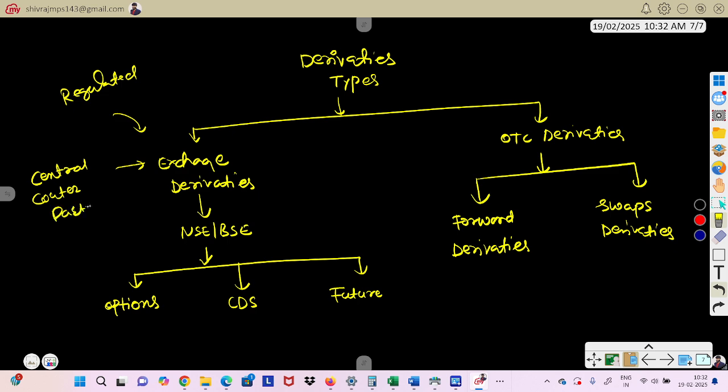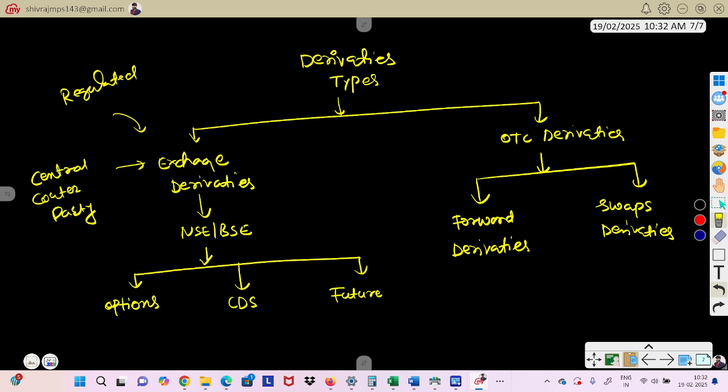So you can directly buy and sell options and futures to the exchange like BSE and NSE. You don't need to meet any person anywhere. Directly you can sell it to the exchange, BSE will take care of it. Options, futures and even CDS, all three are highly regulated. Even a single penny of difference you can't carry.